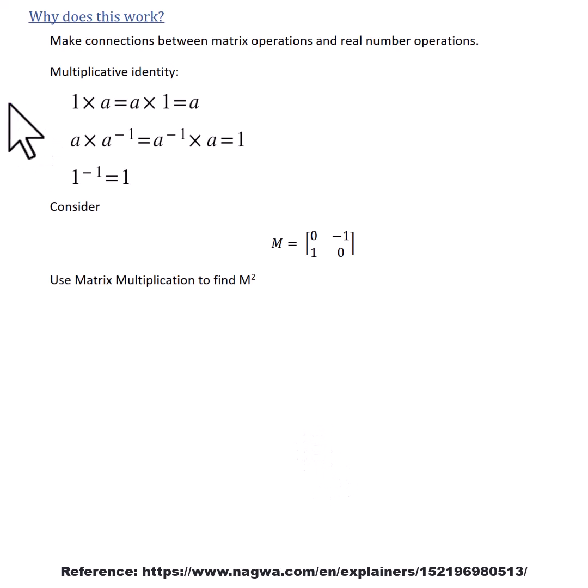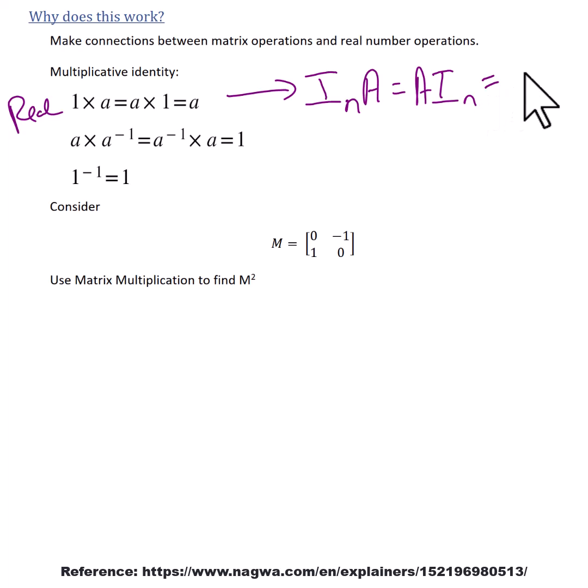What would this look like in terms of a matrix? The matrix identity for this would be an n by n identity matrix, or I sub n, times matrix A is equal to A times I sub n, where A is also an n by n matrix, and the product of a matrix times the identity matrix is A. Similarly, the matrix A times the inverse of A, or the inverse of A times A, gives you the n by n identity matrix.